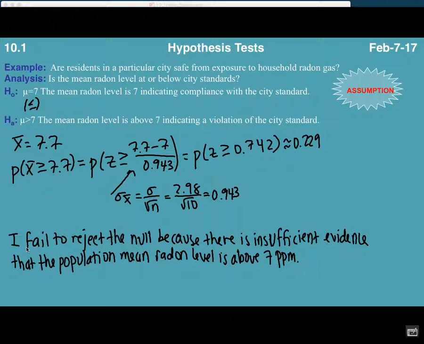So that's pretty likely, and we think mu is probably 7. If we got a really small probability, like 0.04, that would mean we got 7.7 when the mean was 7 only a really, really small percentage of the time. In that case, the mean probably wouldn't be 7. Right. That makes sense.